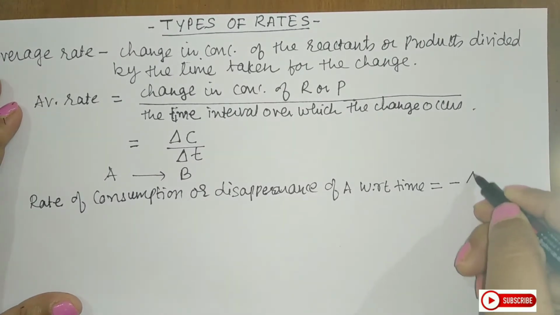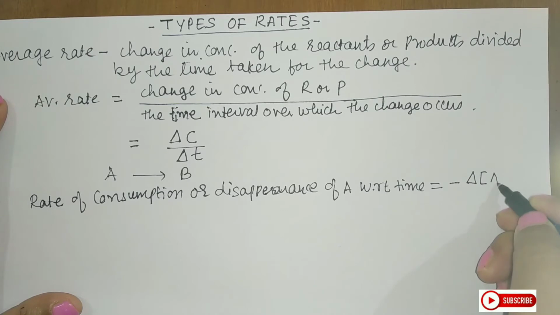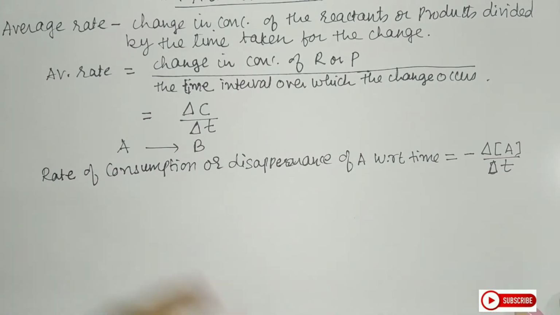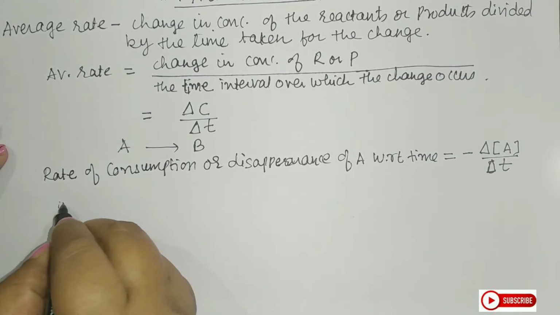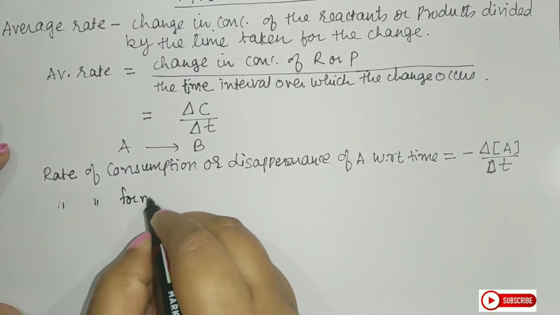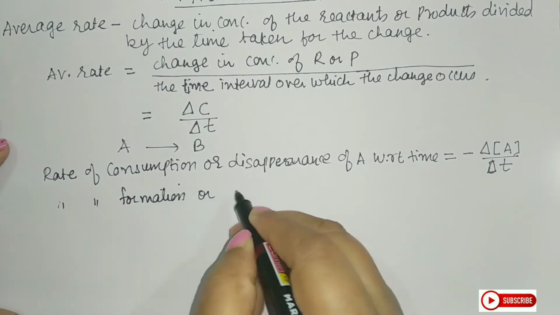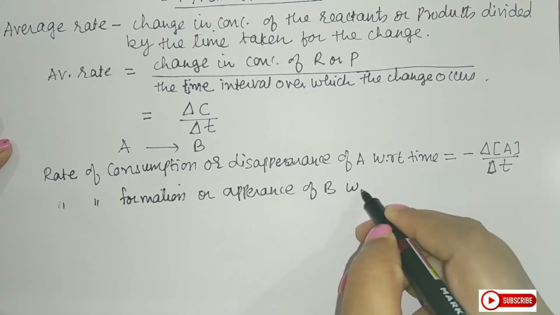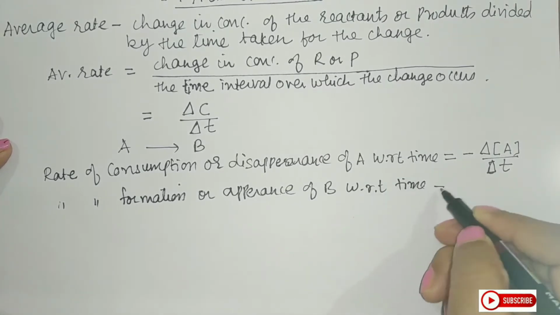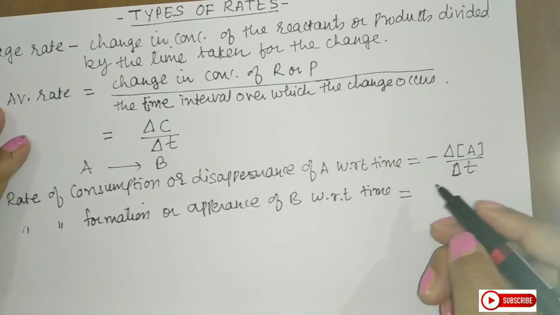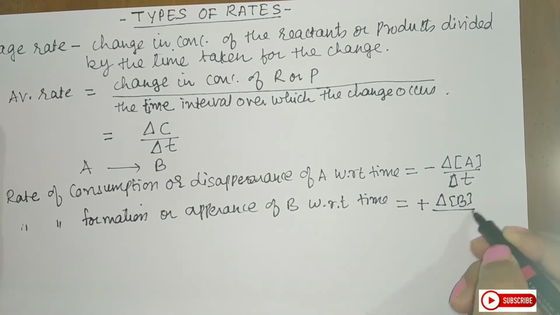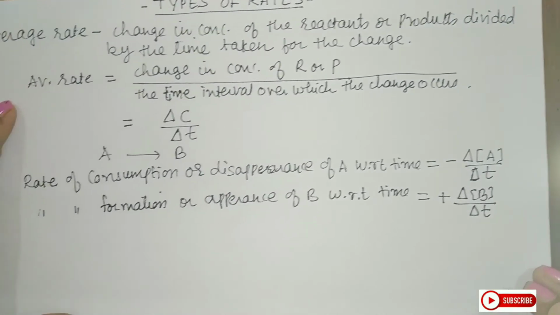So it will be minus delta concentration of A upon delta T. This is how I will write. Let us write for the product also. So rate of formation or appearance of B with respect to time is, for formation or appearance we use a positive sign, so plus delta B upon delta T. So this is how we write.